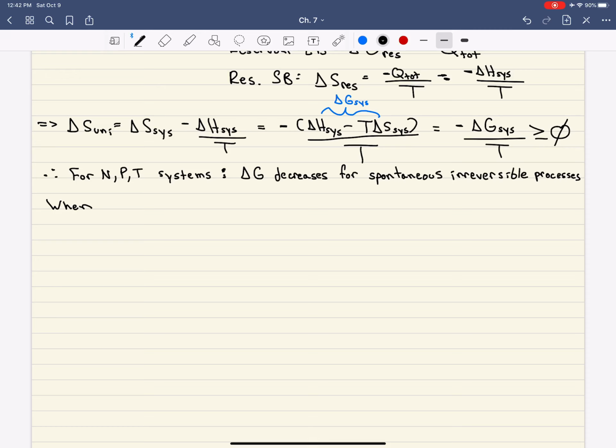And when the entropy of the universe is maximized such that delta S of the universe is just equal to 0, what we find is that the Gibbs energy will reach a minimum, or will be at a minimum.